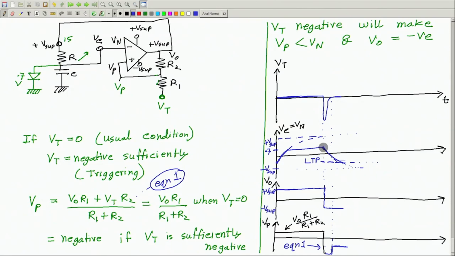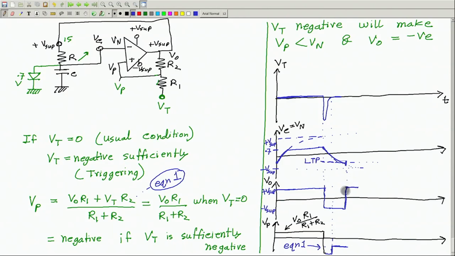this is coming below the lower trigger point. Therefore here the output, this is my output, will become positive again.